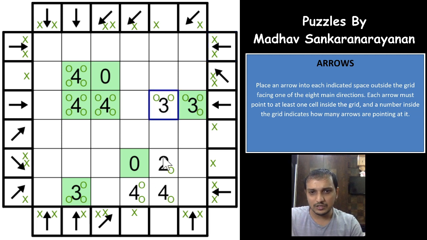Which means one of the vertical cells will point to the 4 and all other cells will have to point to the 4, right? So out of these 2 cells, only one cell will point to the 4, which means these 2 cells will surely have to point to the 4. So you'll have an arrow here this way, sorry, not this one, this one, and this cell this way, right? So the 4 is pointed now twice.